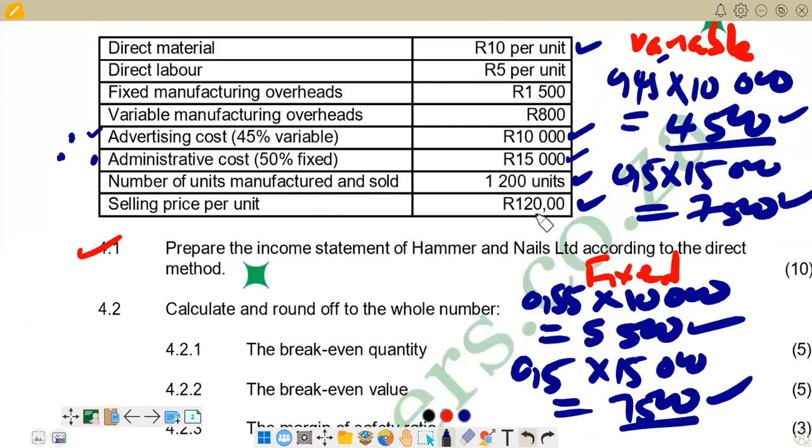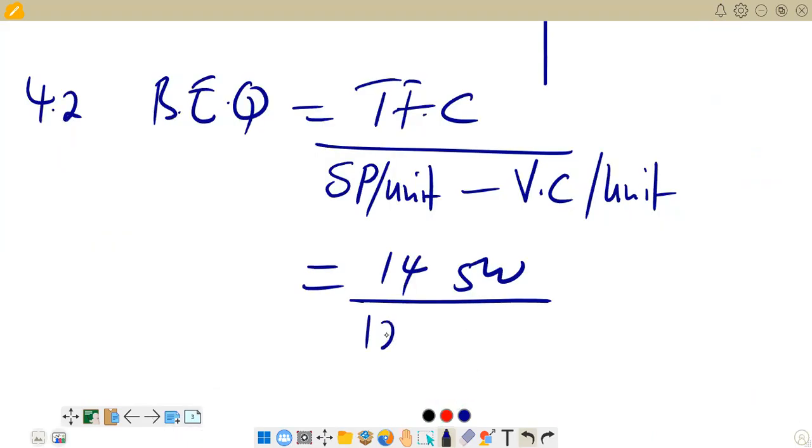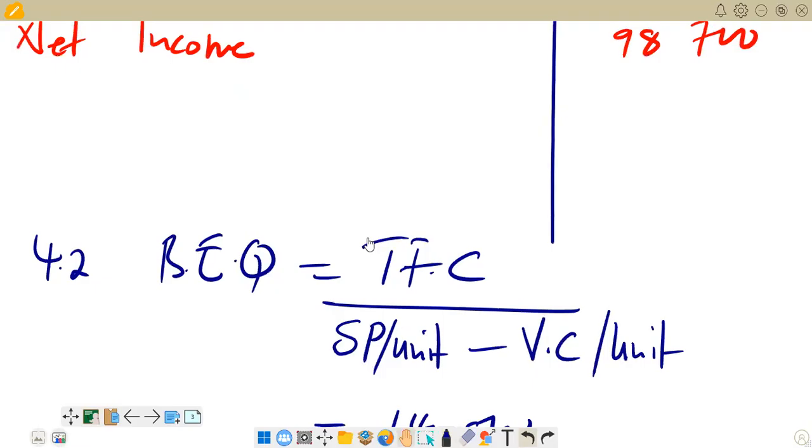Then for the denominator, selling price per unit, we get it in the question. It's here, 120 rands. 120 rands is the selling price per unit. Then we subtract the variable cost per unit. We go again to the income statement that we prepared.